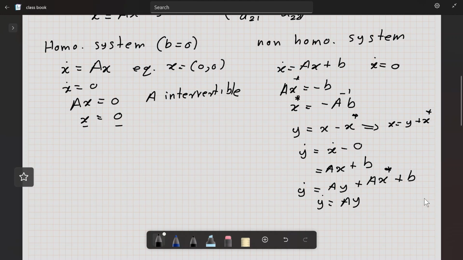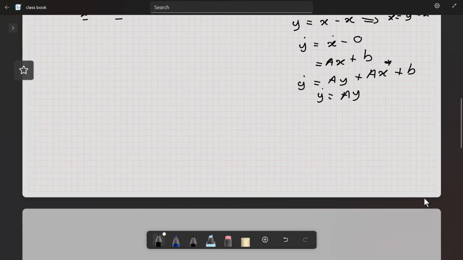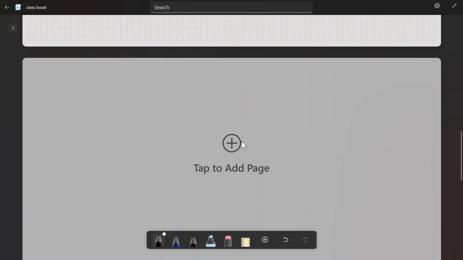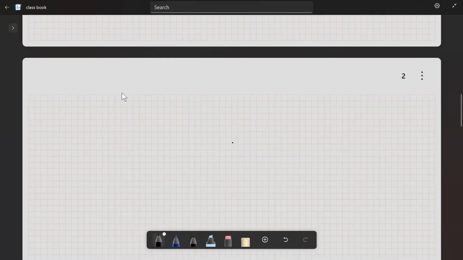Now let's discuss the qualitative behavior of these systems. The qualitative behavior of these two systems depends on the matrix A, that means the eigenvalues of the matrix A. So we have our matrix A, and we know all these entries are real numbers.